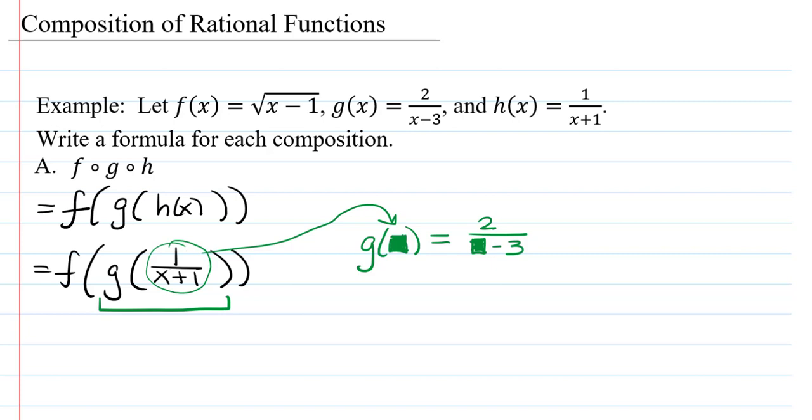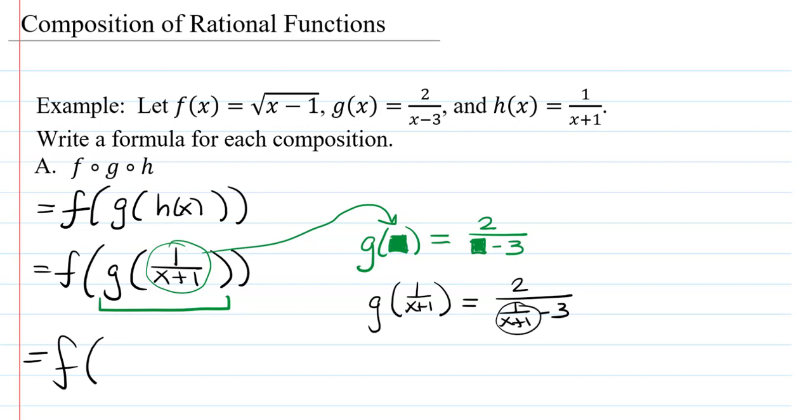So I'm going to have f of, and then instead of g of 1 over x plus 1, what it's equal to. g of 1 over x plus 1 would be 2 over 1 over x plus 1 minus 3. See how I put the 1 over x plus 1 in there instead of the box? So that's what I'm going to have over here. 2 over 1 over x plus 1 minus 3.